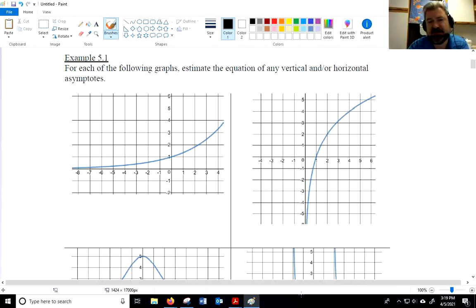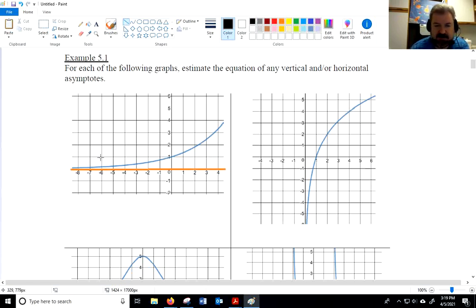Now, to be perfectly accurate, we would need the equation, but given a graph, we can estimate where an asymptote would occur, and we're going to use that to get a feel for how these things work. So if you look at this graph here, it definitely appears that it's approaching the x-axis as I go to the left. So that is a horizontal asymptote.